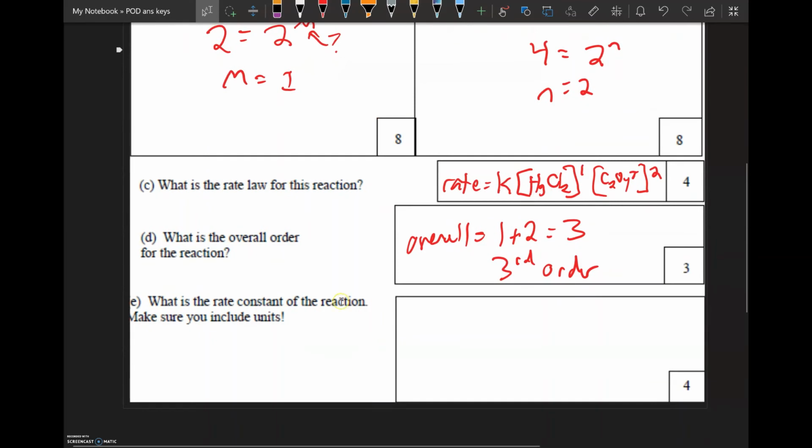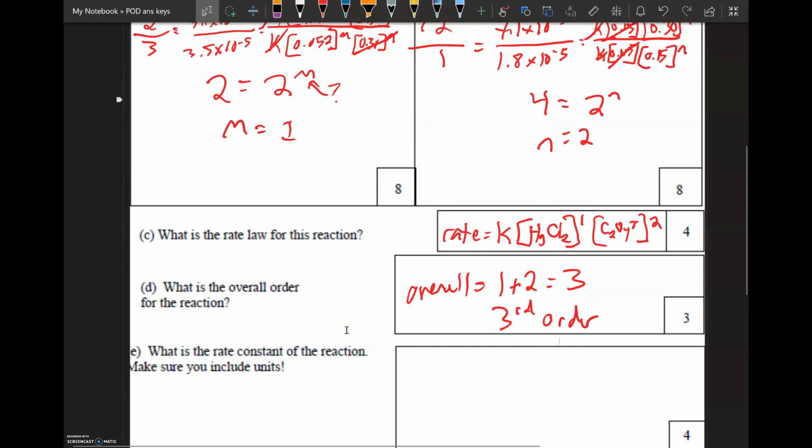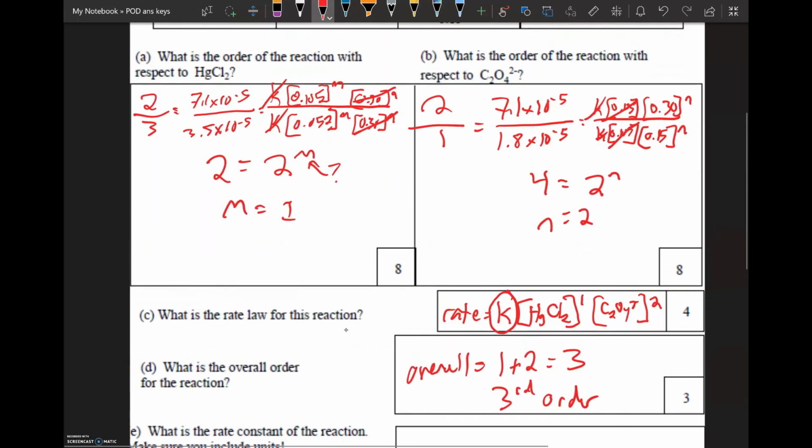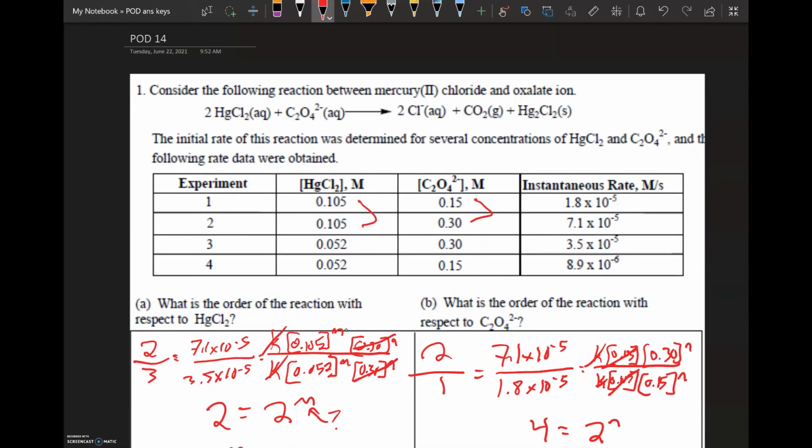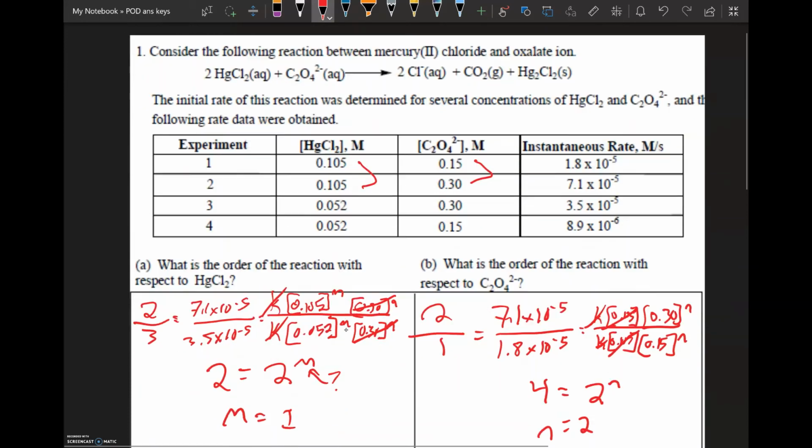Now, the last question here involves the rate constant k. So what we want to do is solve for k. Now, k is a constant, so you could realistically use any of the experiments and you'd calculate the same k or relatively close to the same value. So I'm just going to pick experiment 1.